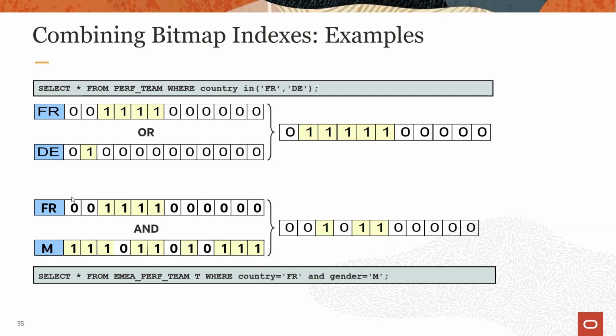So 0 and 1 with the AND operator results in 0. 0 and 1 results in 0. If it's 1 over here and 1 over there, this results in 1. Then, based upon the position of bit 1 in the resulting bitmap, it's going to calculate the row IDs. And via the calculated row IDs, we're going to access the rows in the respective table.